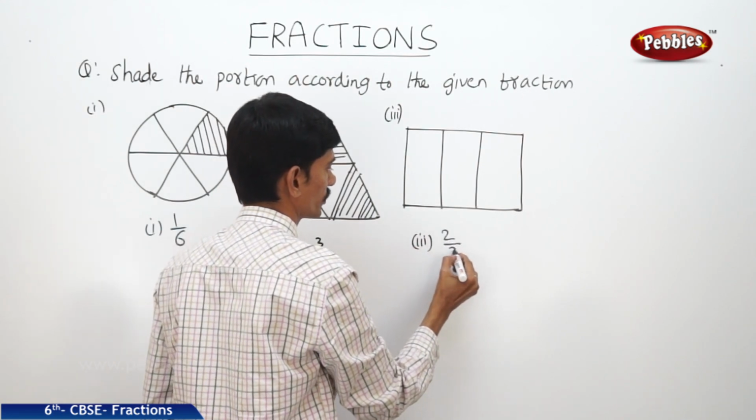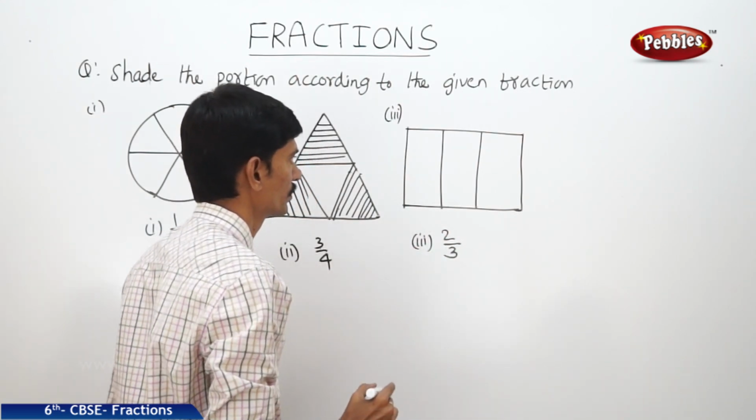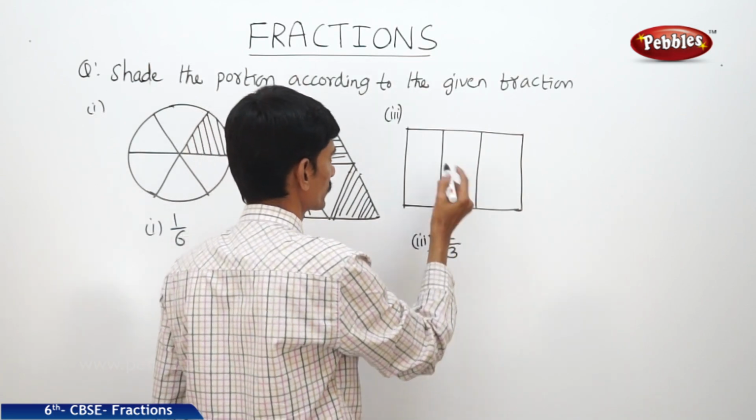So this is 2 by 3, which means you have to shade 2 parts out of 3 equal parts.